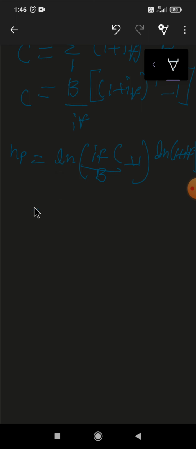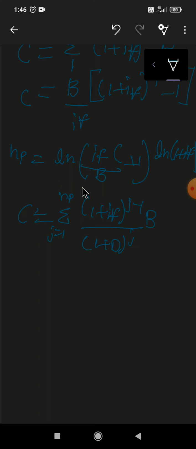C will be equal to sigma, j running from 1 to NP, of (1 plus IF) raised to j minus 1, divided by (1 plus D) raised to j, into b. So here we have added one discount term also.